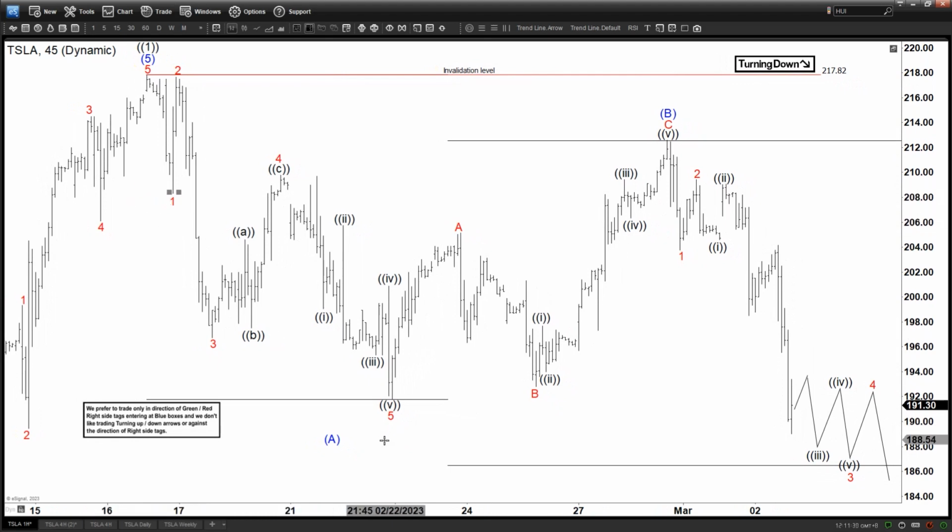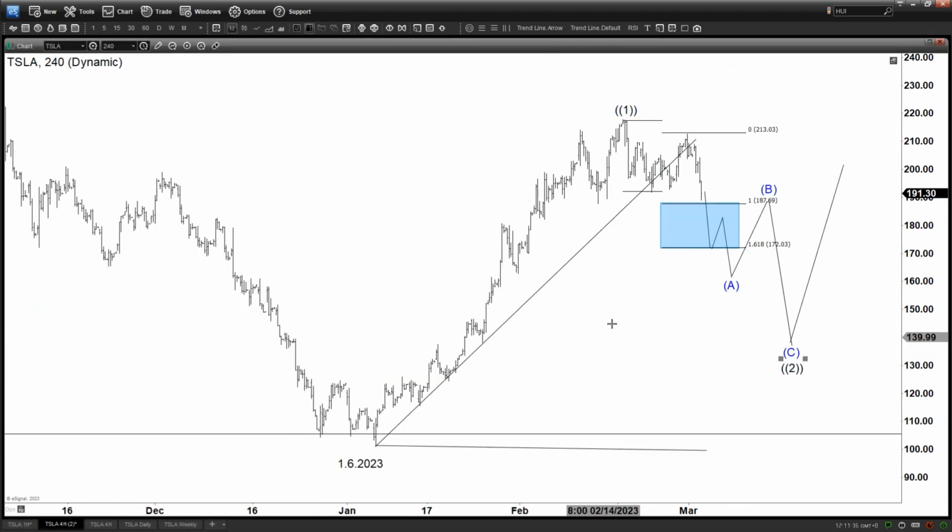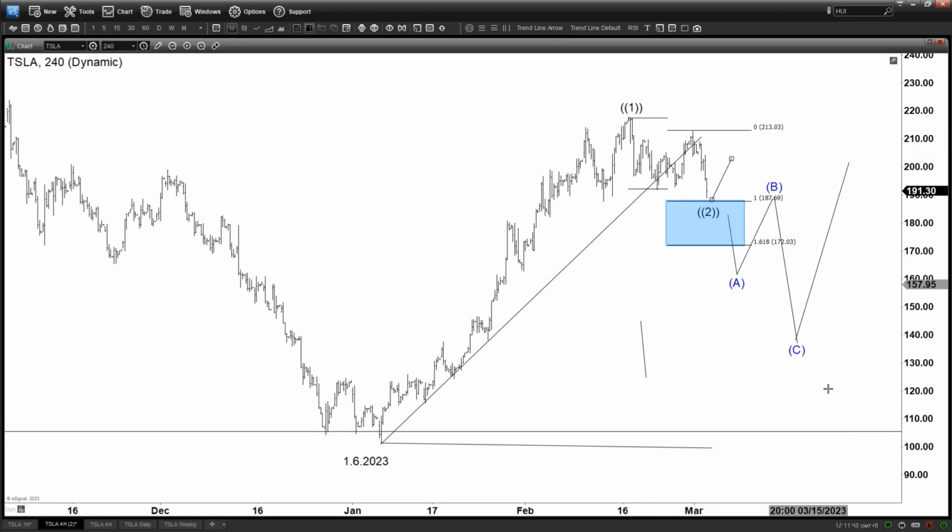So just to let you know, a couple of different possibilities, right? But I think all of them, depending on how you look at it, whether the first possibility, which is the primary view, like this, or the second, which is doing a double bounce but then fails and goes down again, or doing the bigger pullback, 1 2 3 4 5, all three possibilities have the same conclusion.